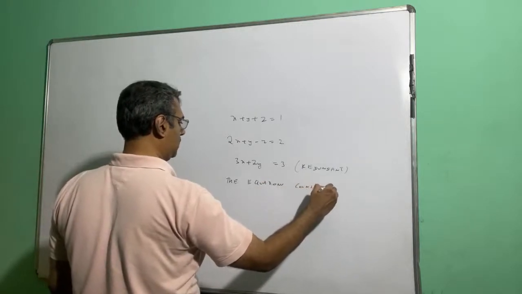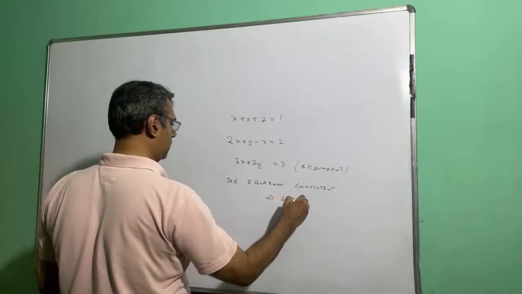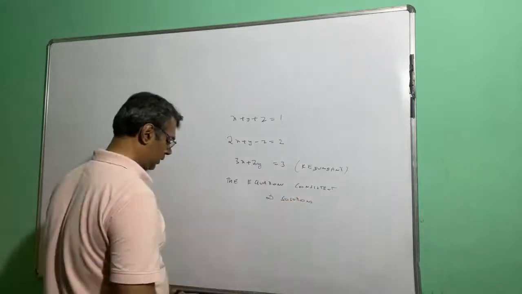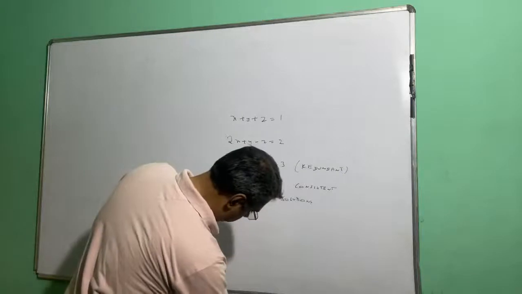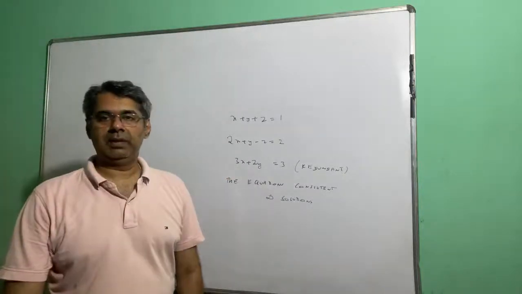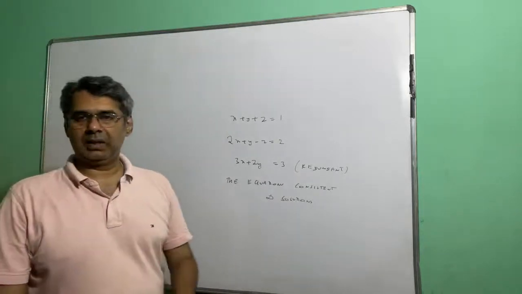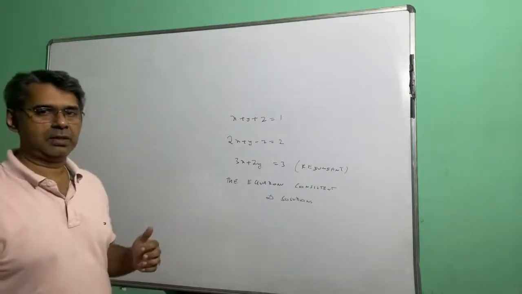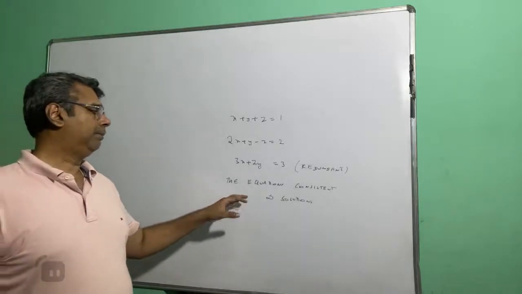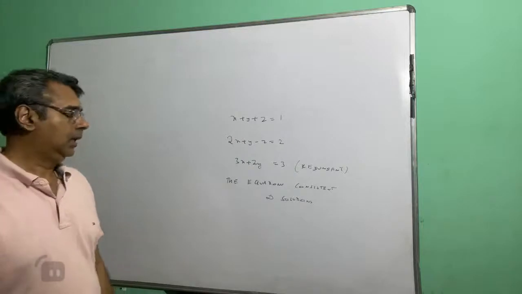So they will have infinite solutions. There is nothing inconsistent about them, but they will have infinite solutions because one of them is redundant.